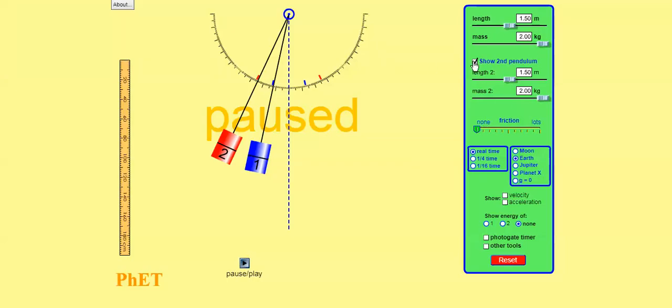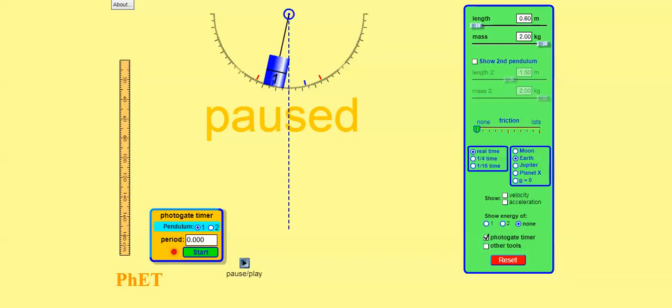I'm going to remove one of the pendulums just to make this a little bit easier. And let's start at a very small length. So for 0.6, we're going to also include a photogate timer so it can help us time this. And let's release from 32 degrees.